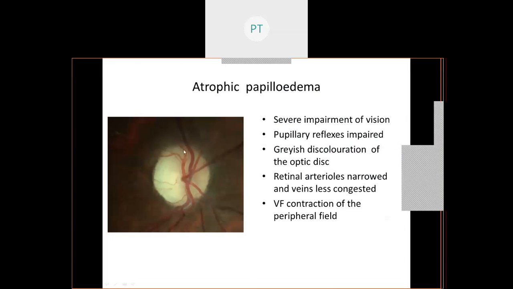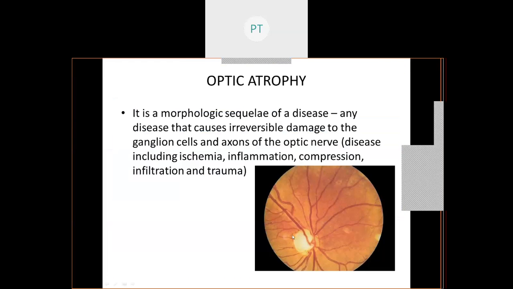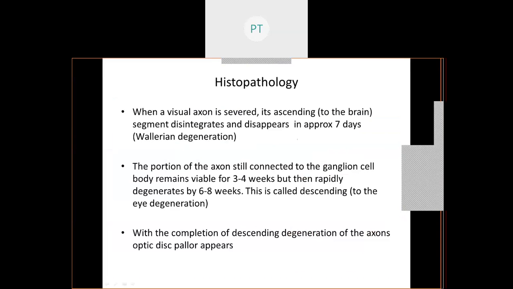So in the last stage, you have this optic atrophy. So usually when a visual axon is severed, its ascending part, the segment towards the brain, disintegrates and disappears in approximately 7 days. This is known as Wallerian degeneration.